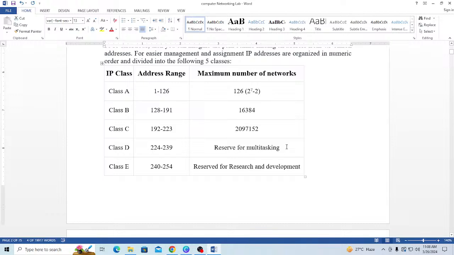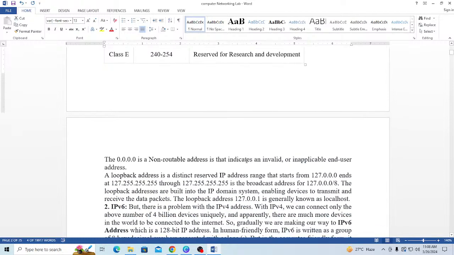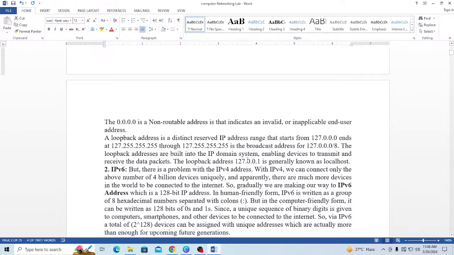That means they broadcast in multiple ways. And class E is reserved for research and development. Like that, each and every class maintains its separate task depending on the 4 dots of the IP address version 4.